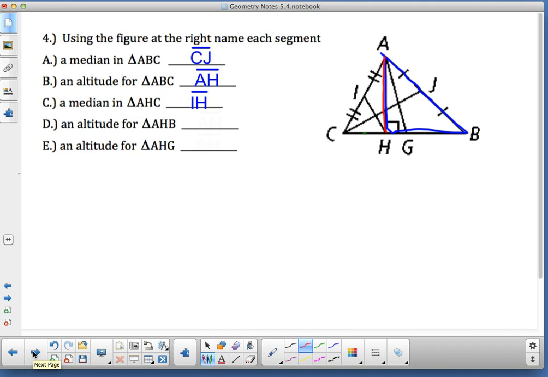Everybody see AH? What about HB? Are you okay with HB? The definition of altitude is the perpendicular segment that goes from a base to a vertex. Yes, sir. I got H. You got what?